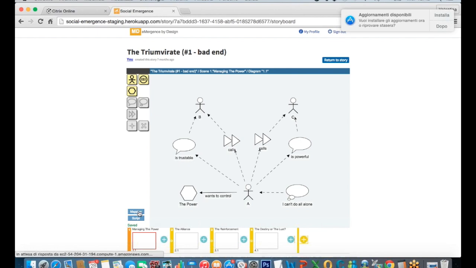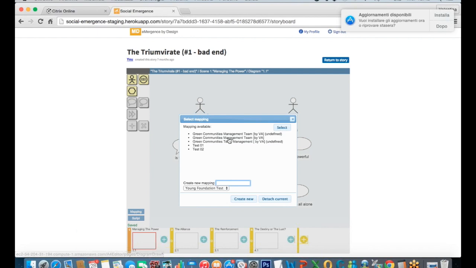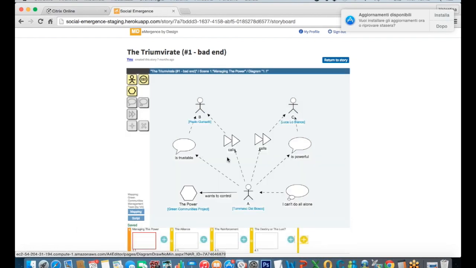We did the same: we mapped the Green Communities management team. So this is the triumvirate narrative structure mapped with the people that were the real key players, key agents in the Green Communities project.